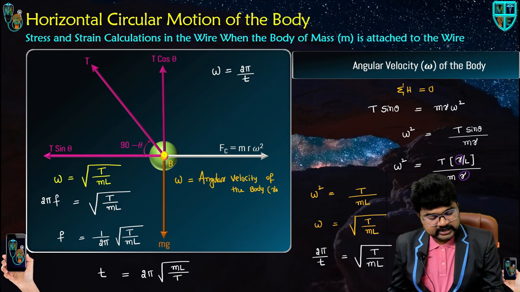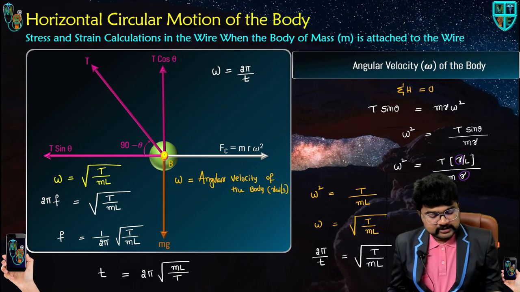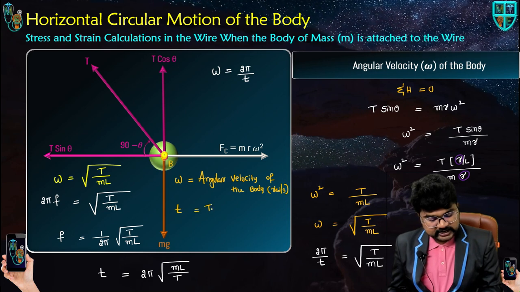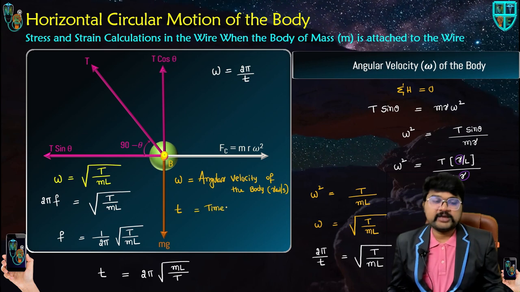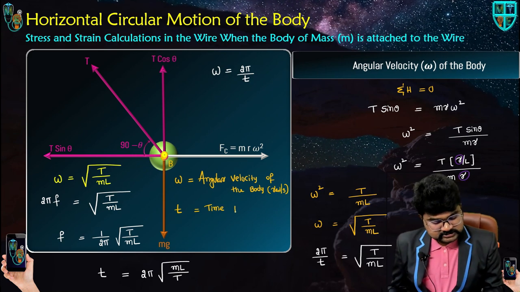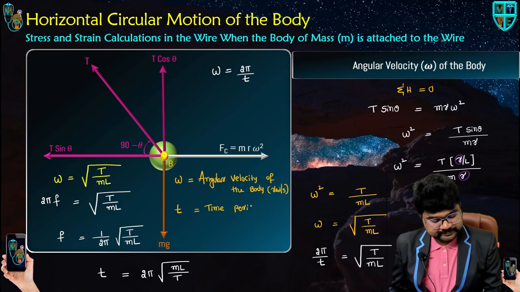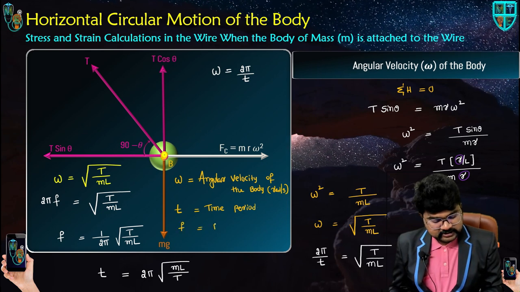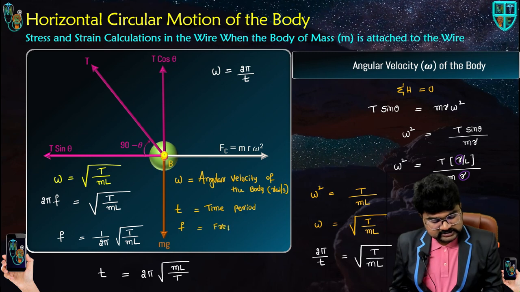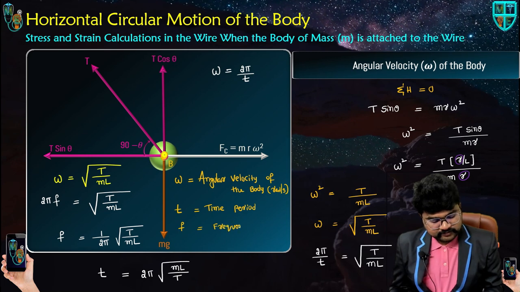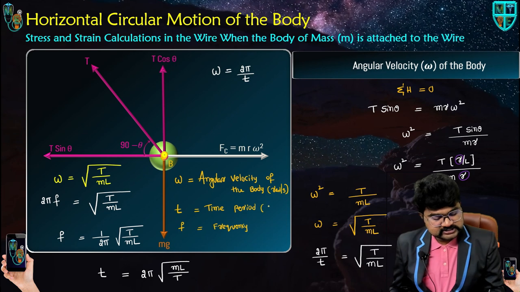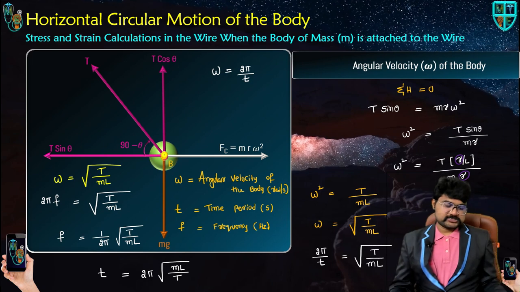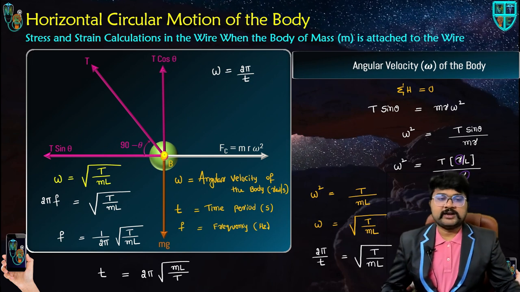Next, t is the time period of the body which is in circular motion, in seconds. And f is the frequency, in hertz. Understood now? In this manner, we will build the expressions.